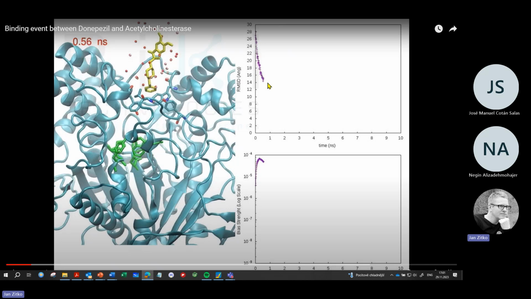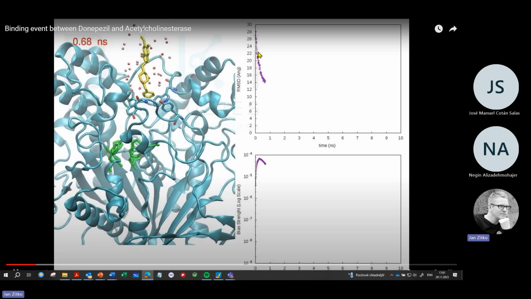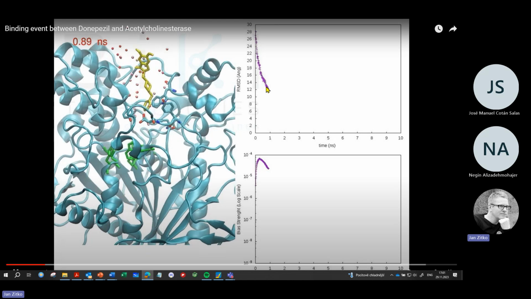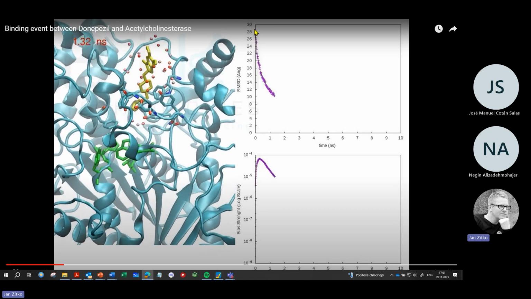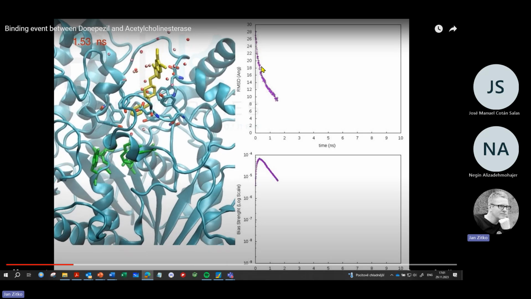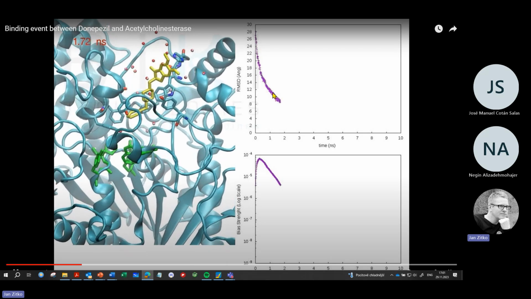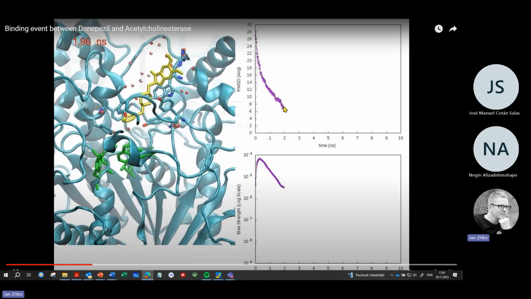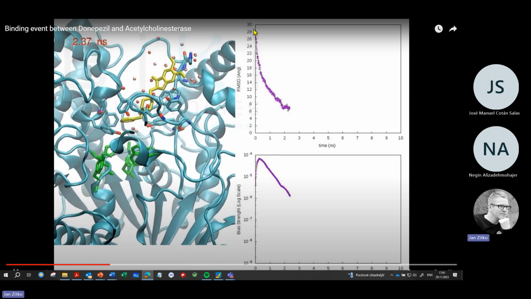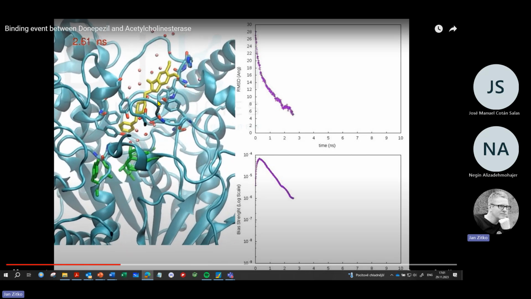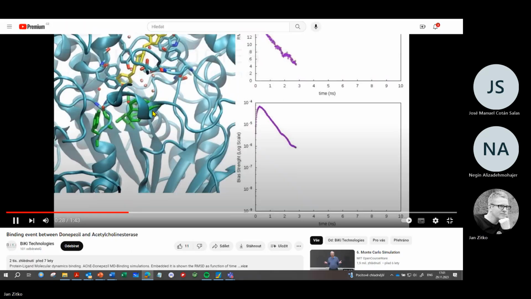So what happens now? Watch the upper graph. Here we have time on the X axis and RMSD. You see that something is happening because the RMSD is changing. I already told you that RMSD tells me when something is happening. There are huge changes here because we have a huge motion of the ligand.